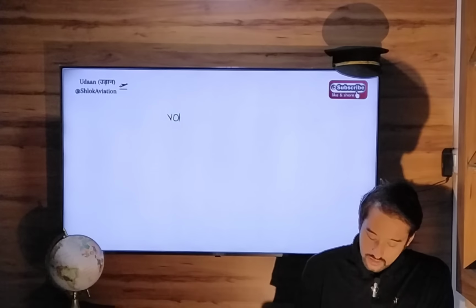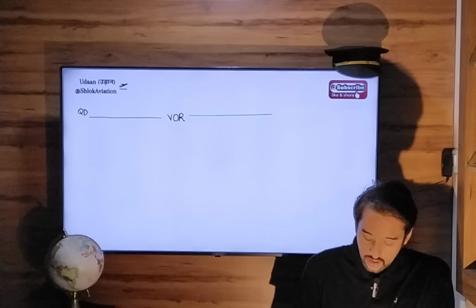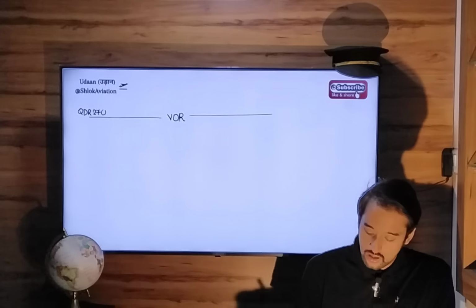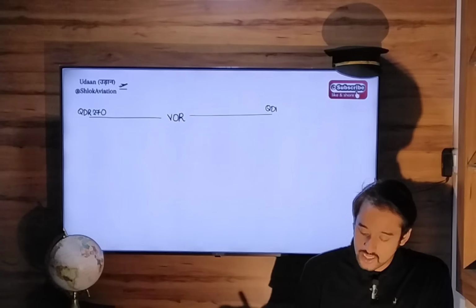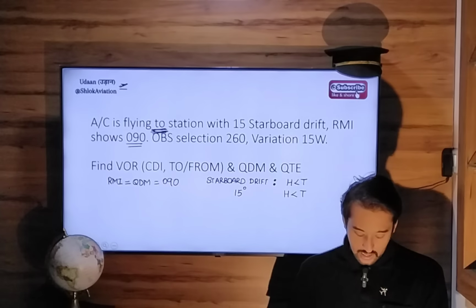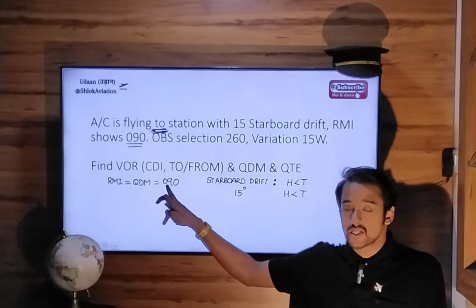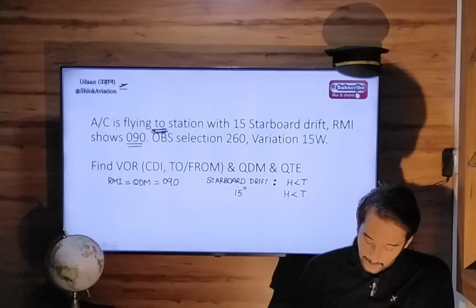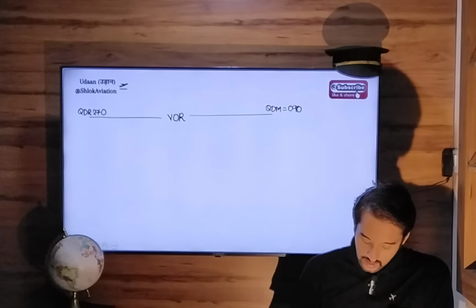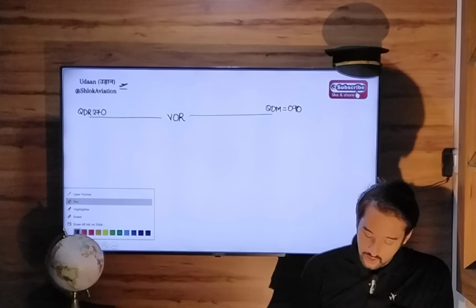So your QDR is 270, QDM track towards the station is 090. Currently the information given to us is that RMI, which is QDM, directly to the station is 090. And next, OBS selection is 260.